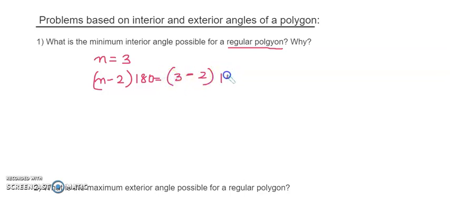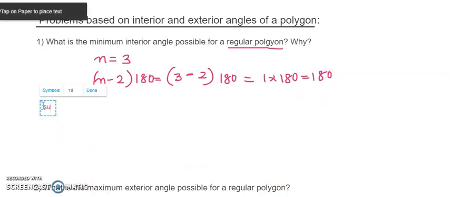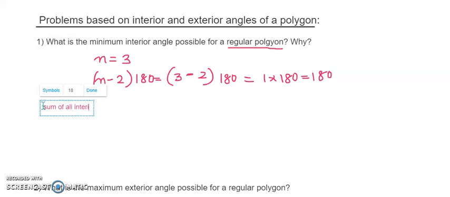Which shape am I talking about here? Yes, it's the triangle, right? So the sum of all interior angles of a regular triangle, meaning an equilateral triangle, is equal to 180.